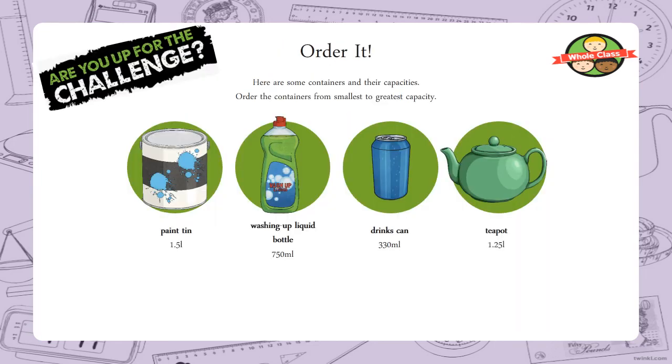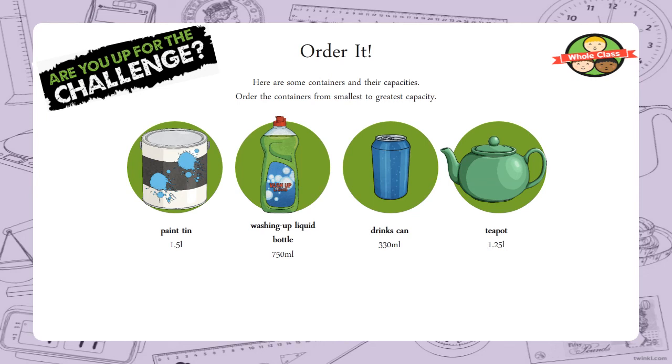Now the challenge question. Are you up for the challenge? Good. Here, boys and girls, we want to challenge ourselves. How? Not only to order these capacities from smallest to greatest. No. We want to challenge ourselves to solve it fast.